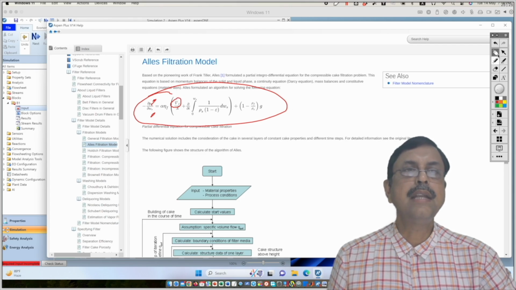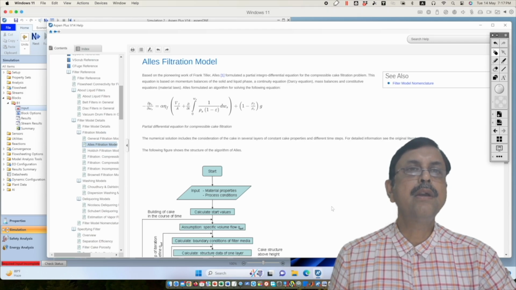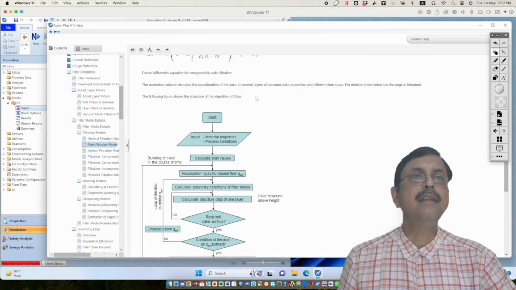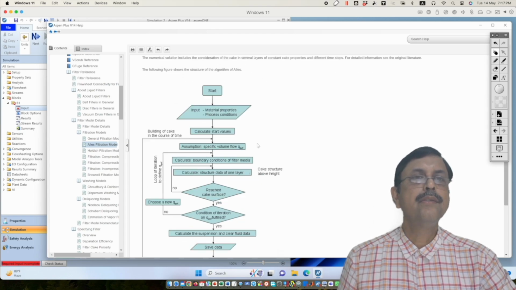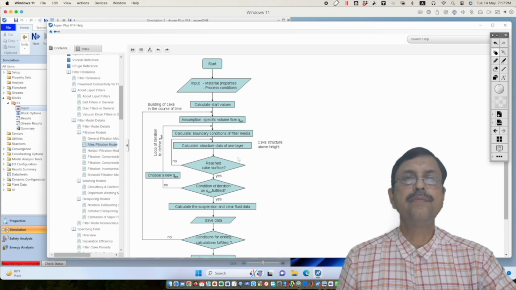Ultimately finding out the VF is important because it is a partial differential equation and it has the integration over here. So first we have to assume some specific volumetric flow rate. On that assumption, we calculate the boundary conditions of the filter media and calculate the structure data of one layer of cake thickness.